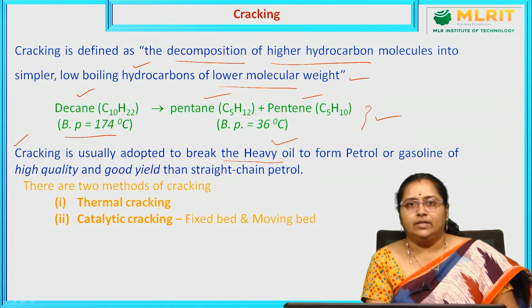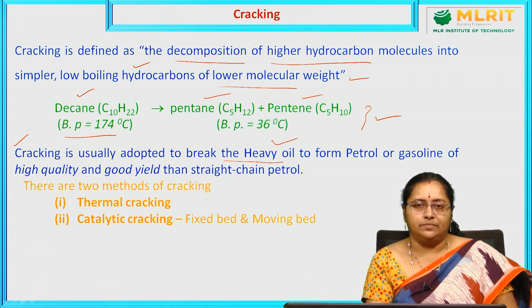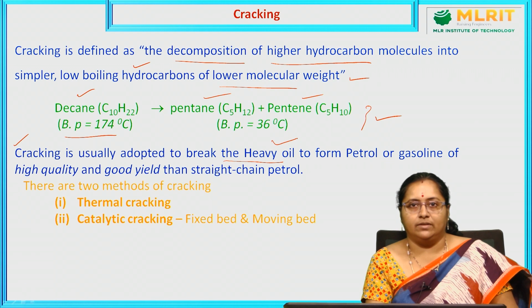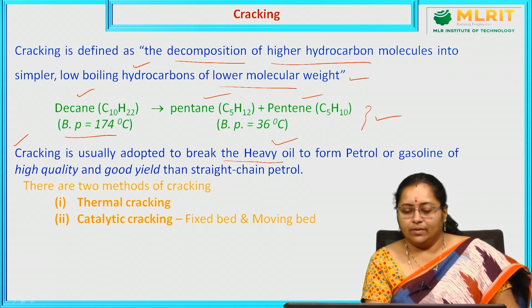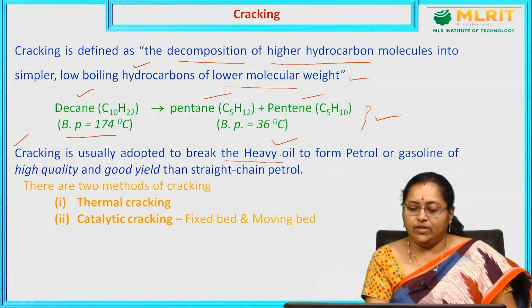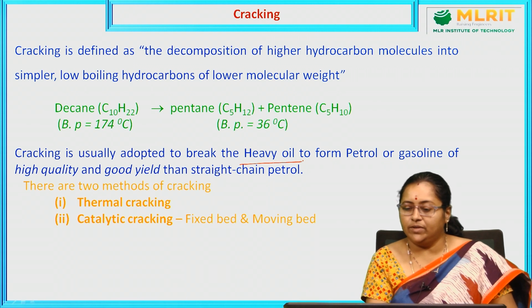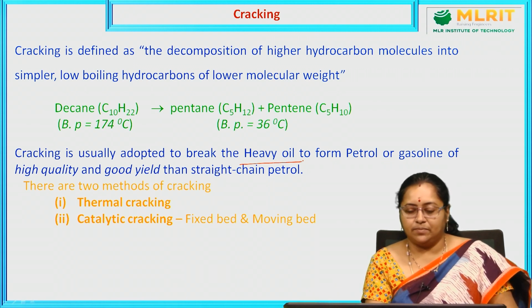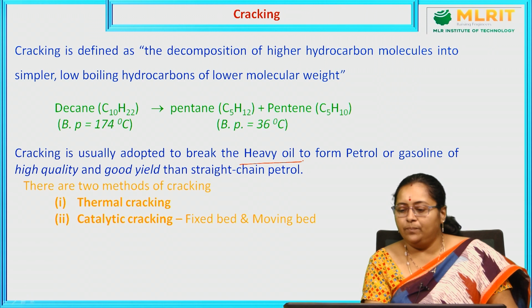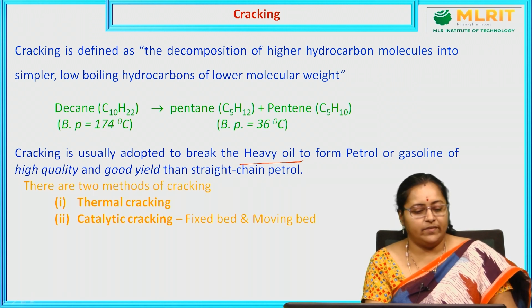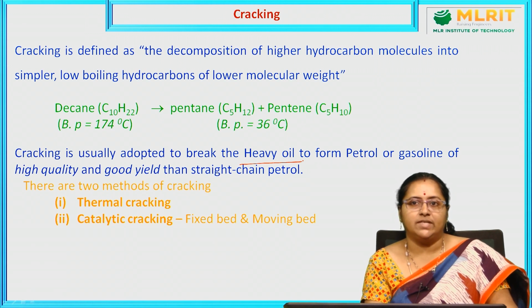Heavy oil is the first fraction that gets separated out in a boiling range of 360 or 380 degrees centigrade when petroleum or crude oil is subjected to fractional distillation, that is refining. So, that heavy oil we are going to consider as the raw material for the cracking process. If it is subjected to cracking, it will decompose to form petrol or gasoline, which has very high quality, and the yield is also very good when compared to straight chain petrol.